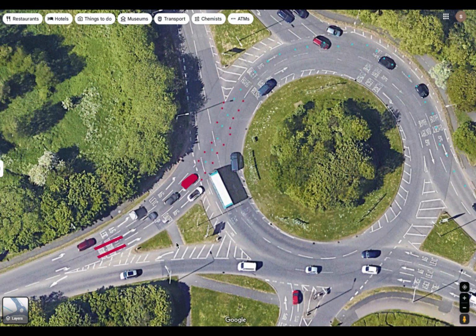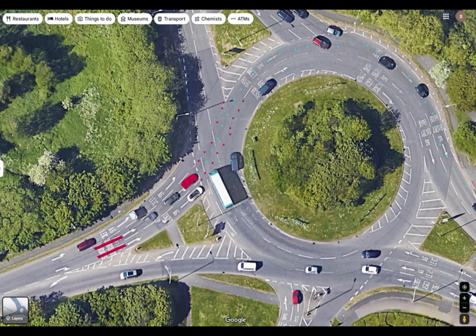Or the best option, and that is the option you should always take, is to stay in the middle lane before the roundabout, and then as you pass the first exit you should be near the left curb, which is the left lane, and keep that left lane and stay with the left curb all the way around the roundabout, and then exit in the left lane.